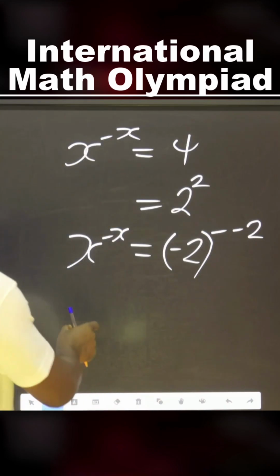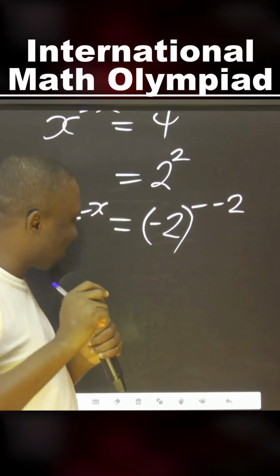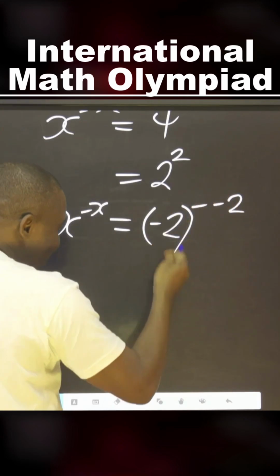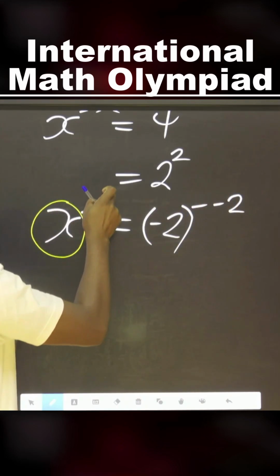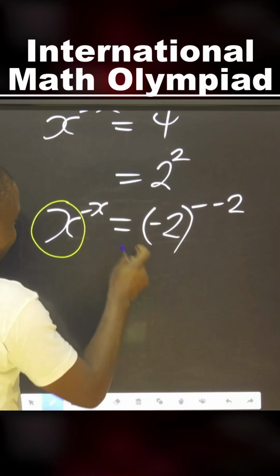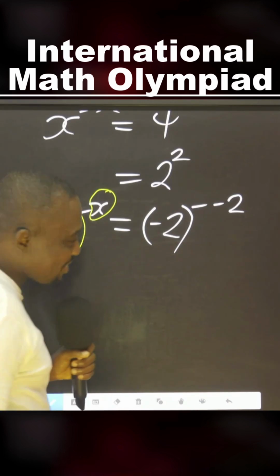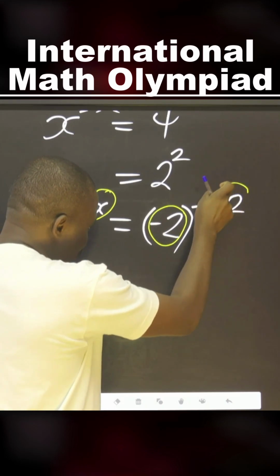Okay? Now, I believe you are seeing something that I'm seeing. Can you now see that in this regard, this is the same thing like this. The only thing is that there's a minus in between them, right? What about this? This is same with this.